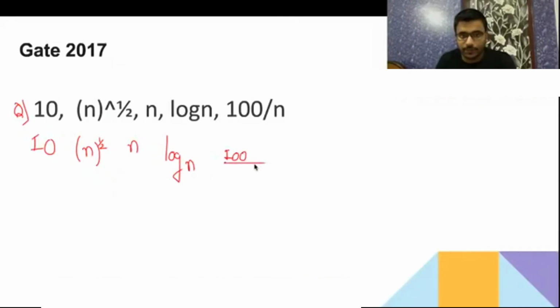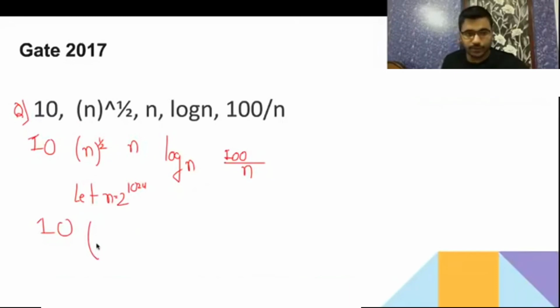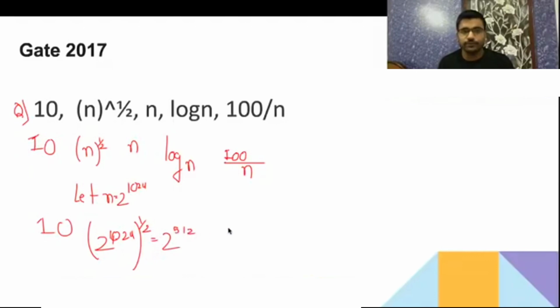So if you take n equal to 2 to the power 1024, then here you are going to get 10, and here 2 to the power 1024 to the power half, so that is going to be 2 to the power 512, and here is n.